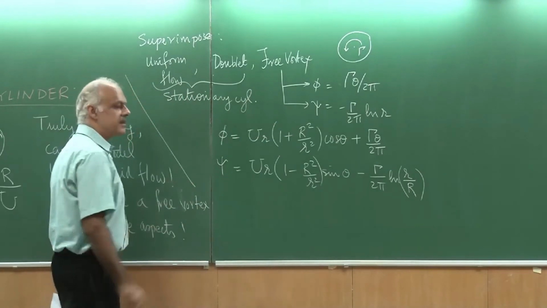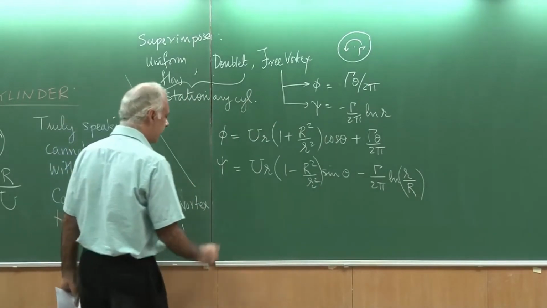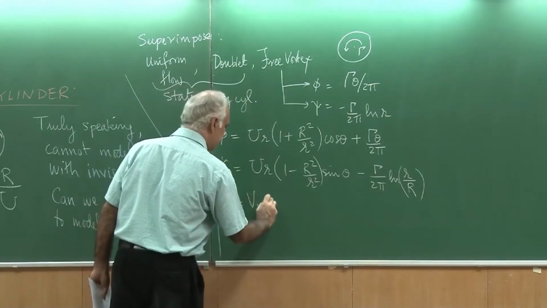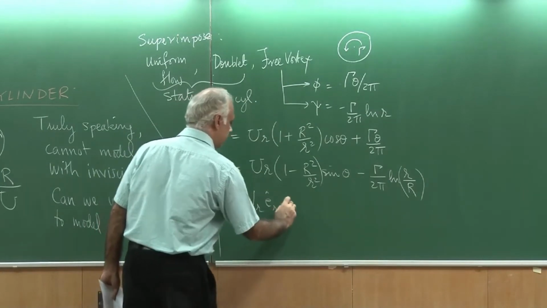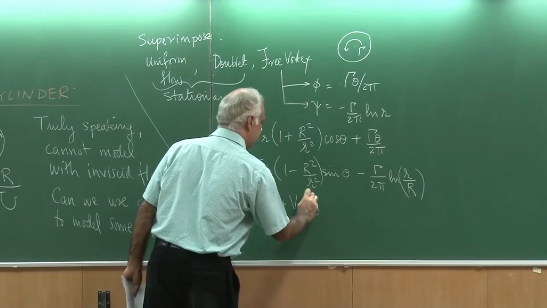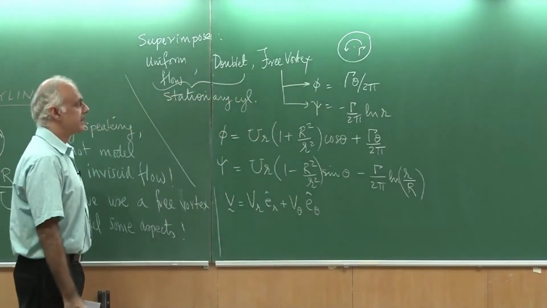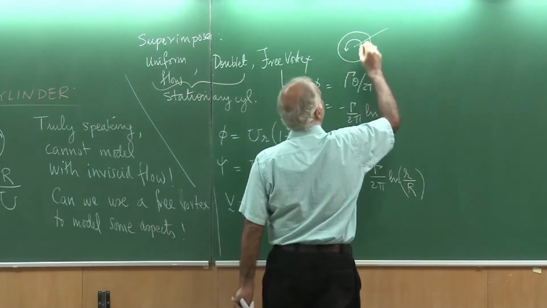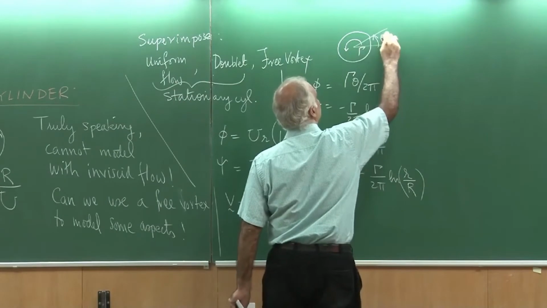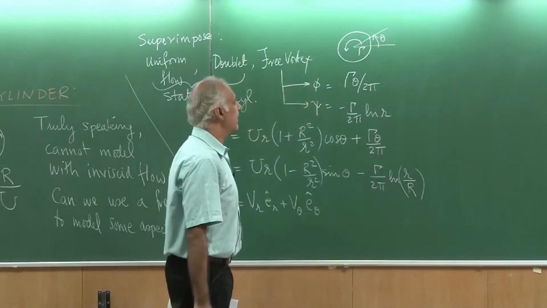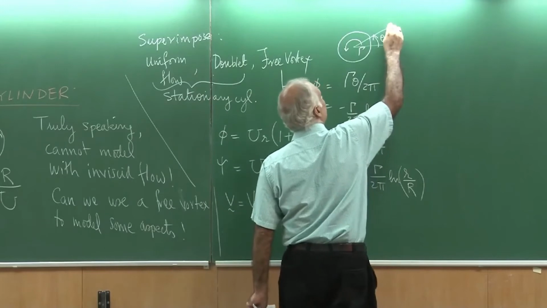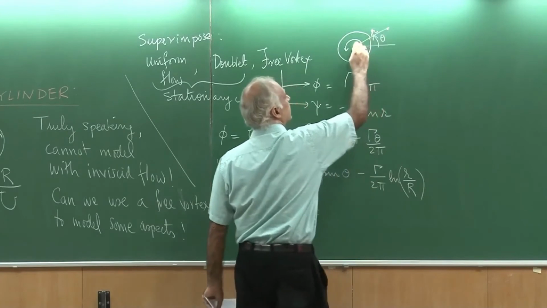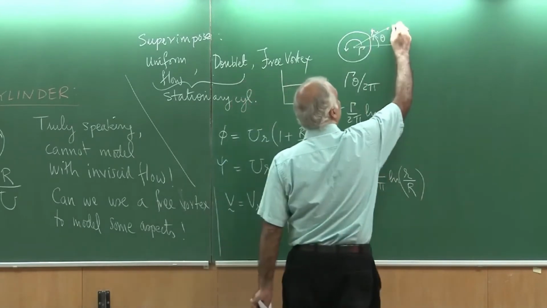So there is no real loss of generality by adding this constant. The next step is to determine the velocity field. How do we do that? First I represent my velocity field as V_r e_r plus V theta e theta. Let me remind you that that can be done using this coordinate system. If this is my angle theta, and I am interested in the velocity at a point r from the center, then I can add a coordinate system.